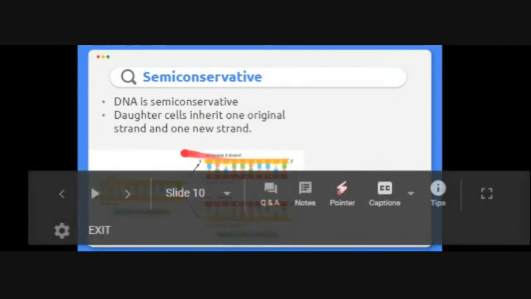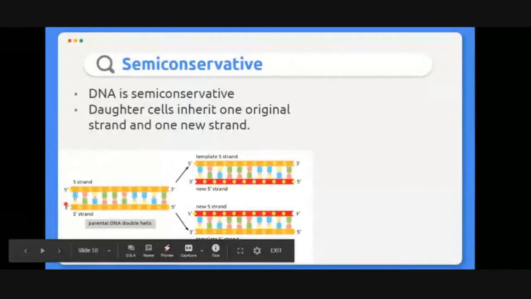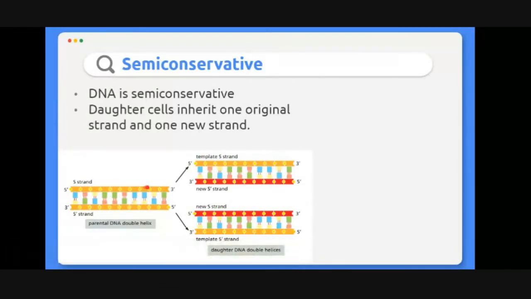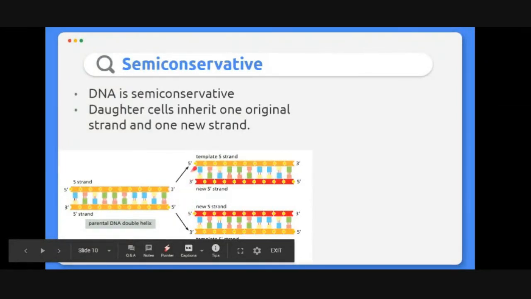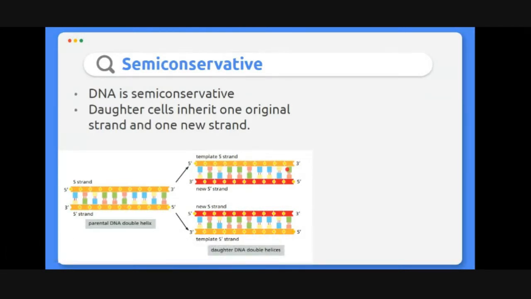So let's take a look. Ito yung parent DNA mo, right? Ito yung parent DNA mo from your parent cell. So now, when this parent cell divides into two daughter cells, yung daughter cells daw mag-inherit ng one original strand, right?